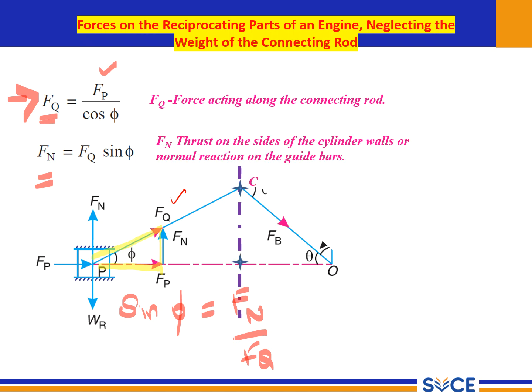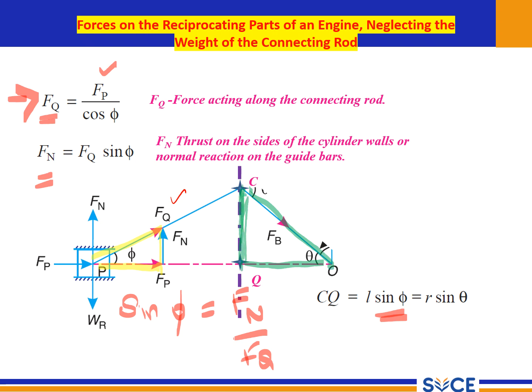Another very important thing is how to calculate phi, because in most cases the crank angle theta will be given to you. So we have to look at it as two triangles, one on the left hand side and another on the right hand side. For both triangles, this length CQ is common.